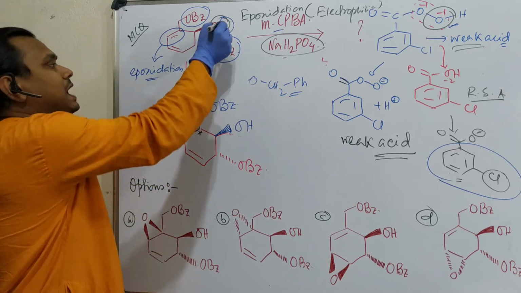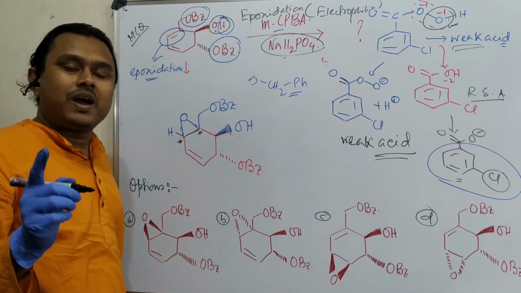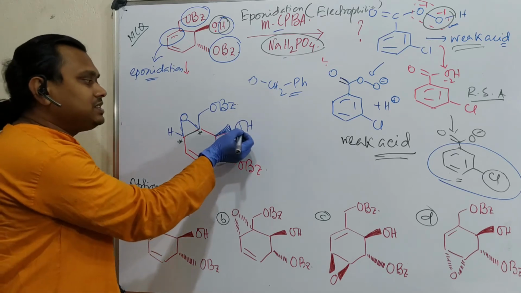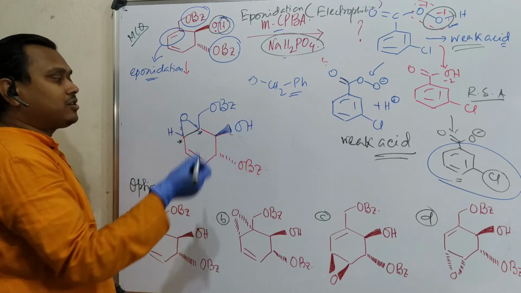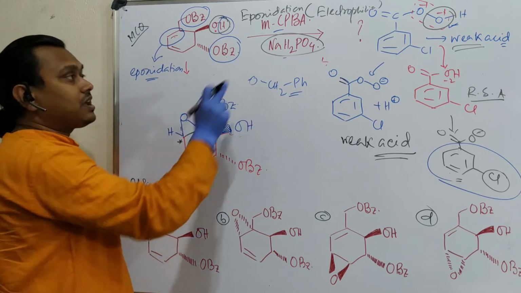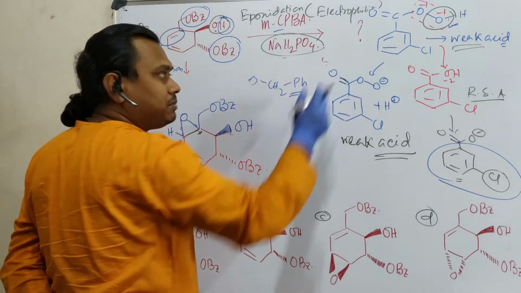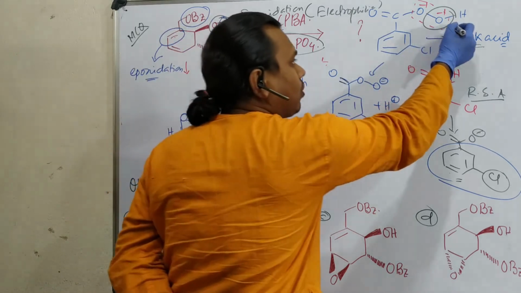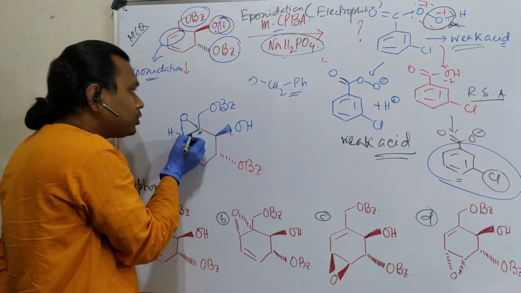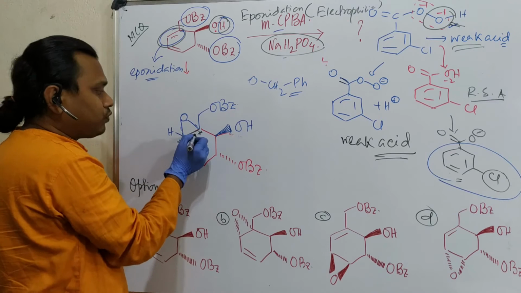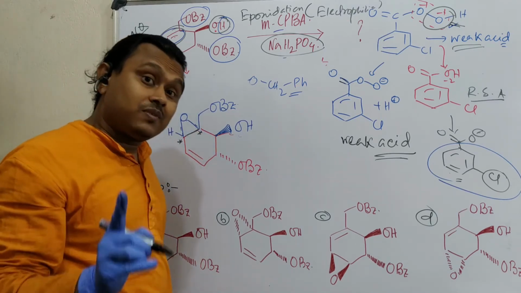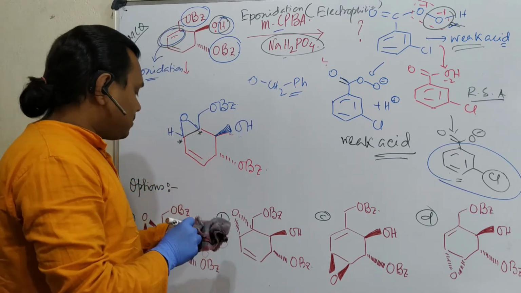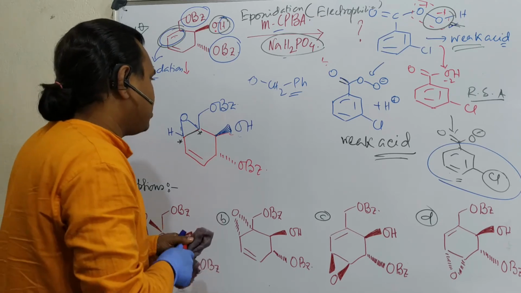As I told, this is directing where the epoxidation will occur, and this is above side. It forms hydrogen bond as I showed with the peroxide m-CPBA, metachloroperbenzoic acid. So consequently, the transfer of this oxygen to this double bond to form this epoxide is from above side. That's why the product will be in above side.